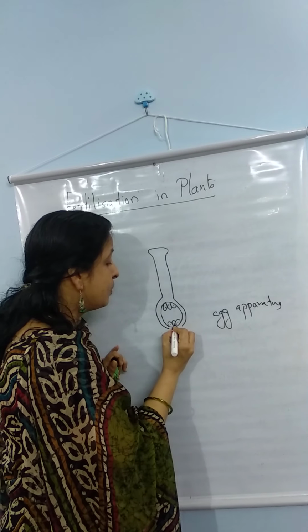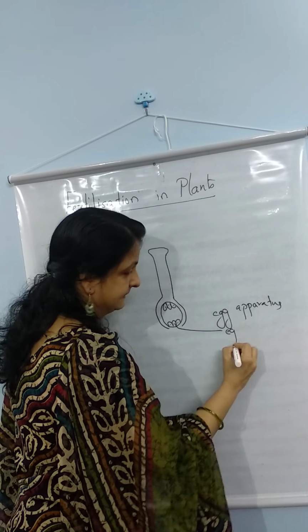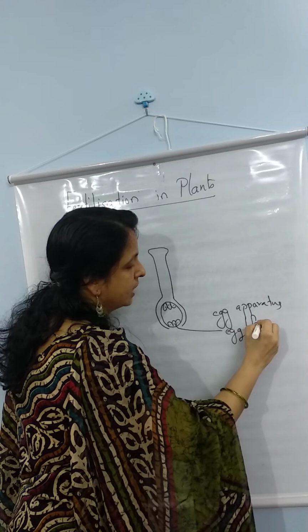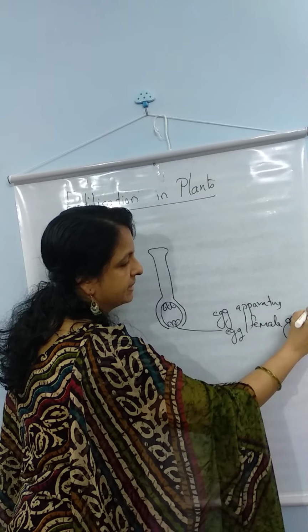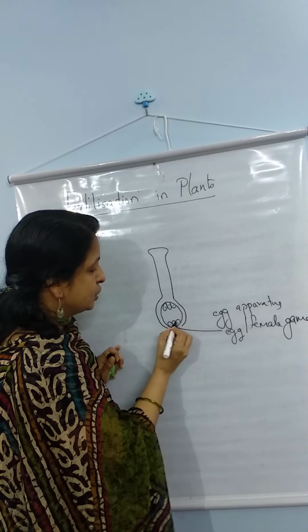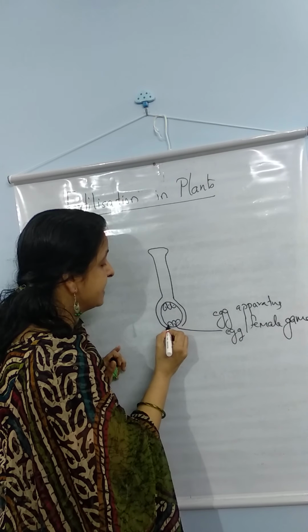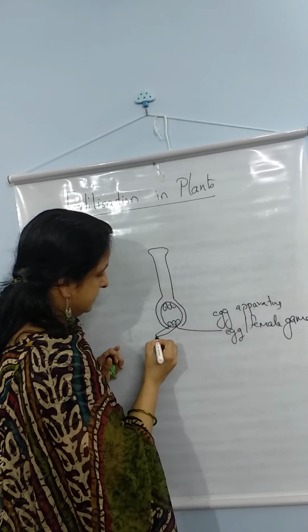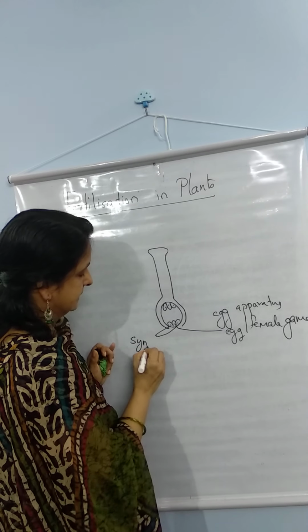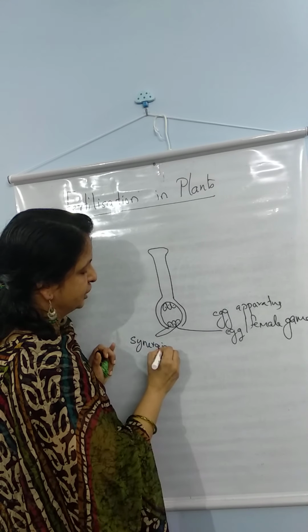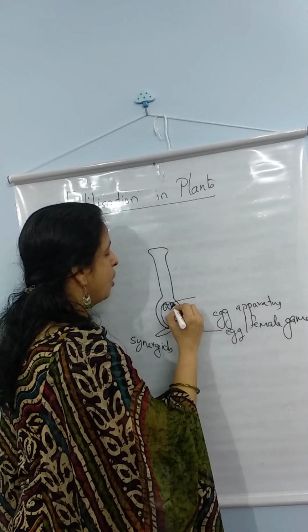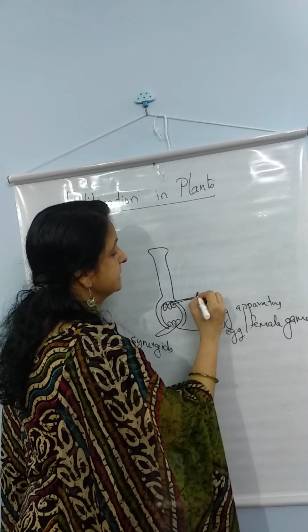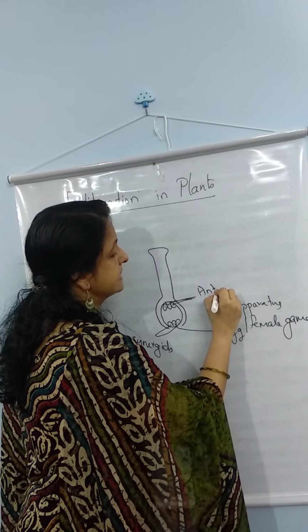The centermost one is the egg, otherwise we can call it the female gamete. Clear? The other 2 on the sides are called synergids. These 3 together we call antipodal cells.